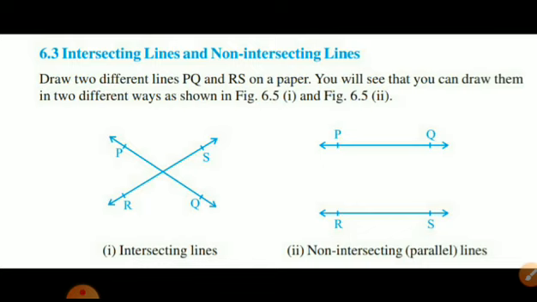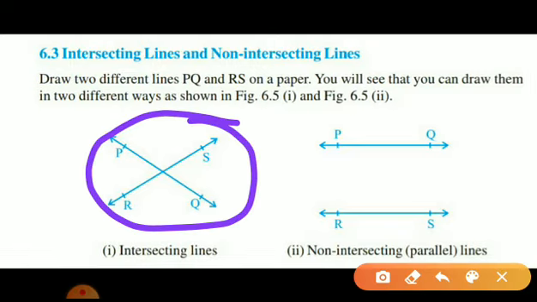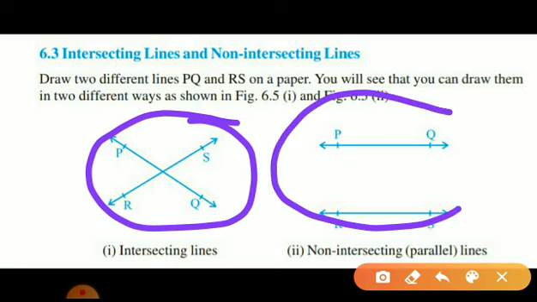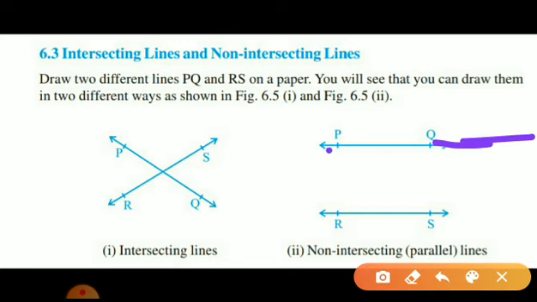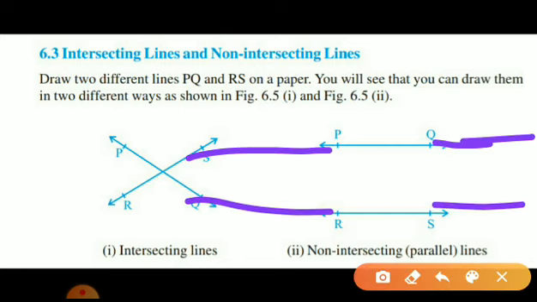In figure 1, are these two lines intersecting lines? Yes, because they cross each other. Now see in the second figure, PQ and RS will not cross each other even if I extend them from both sides. So they are called parallel lines.